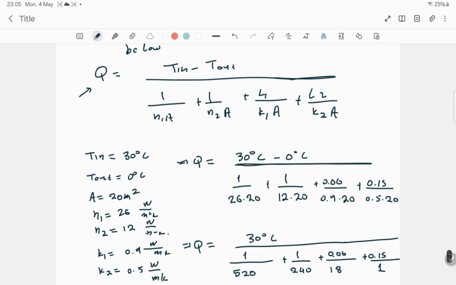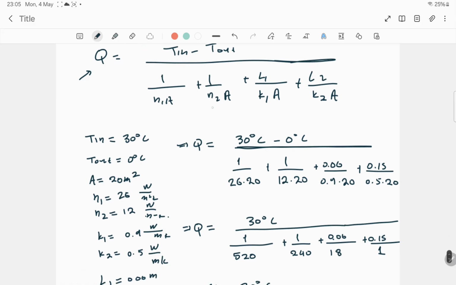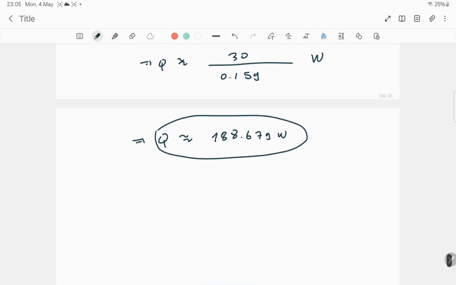In the numerator we have the difference of temperatures, and in the denominator we have these reciprocals, 1 over h1 times A, which is the surface area of the wall, plus 1 over h2 times A. And then we have these two terms where in the numerator we have the thickness L1 and thickness L2, kappa 1 and kappa 2, some coefficients, and then A, which is the surface area of the wall. We plug everything in and we get a reasonable estimate for the heat transfer Q, which is 188.679 watts.